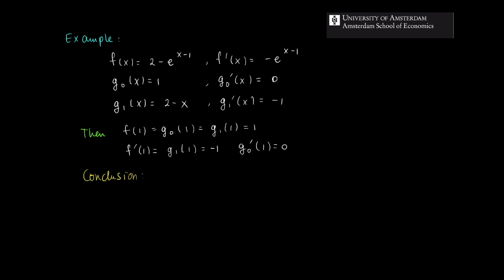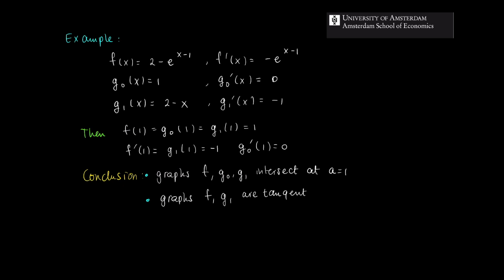The conclusion therefore is that the graphs of f, g0 and g1 all intersect for the value a equals 1, and the graphs of f and g1 are tangent at a equals 1. The graphs of f and g0 are not tangent.